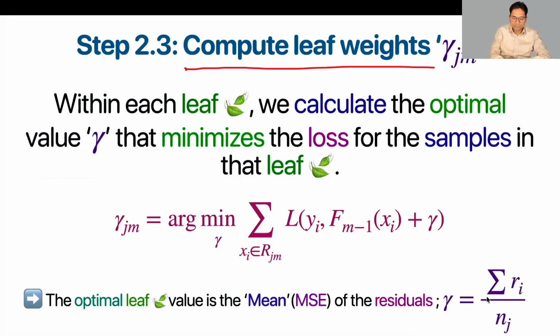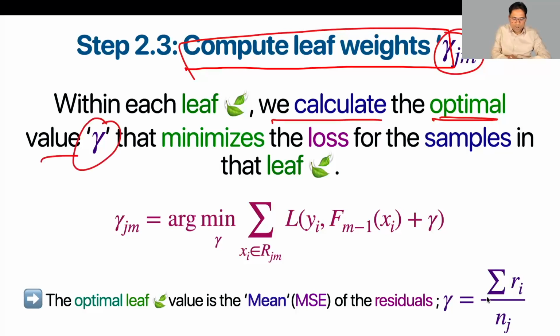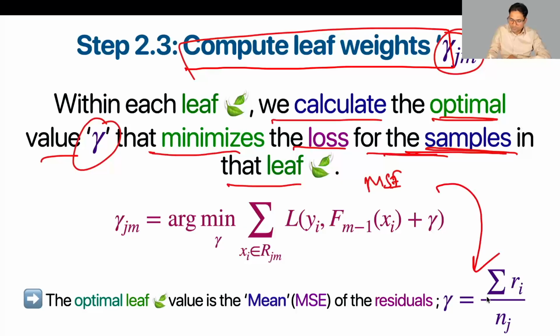Okay, so compute the leaf weights. So this is your gamma_jm. Within each leaf, we calculate the optimal value of gamma that minimizes the loss for the samples in that leaf. So for each leaf, we'll calculate the value gamma that minimizes the loss for those samples. And for MSE, we calculated that this is the average of the residuals.